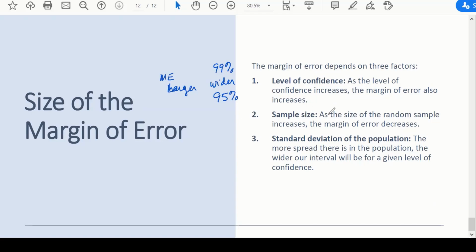As we know, as the size of a random sample increases, then we're going to have smaller standard deviations. And so that means the margin of error is also going to decrease. And then we're going to look at the standard deviation of the population. The more spread out a population, then the wider the confidence interval has to be for the given level of confidence.